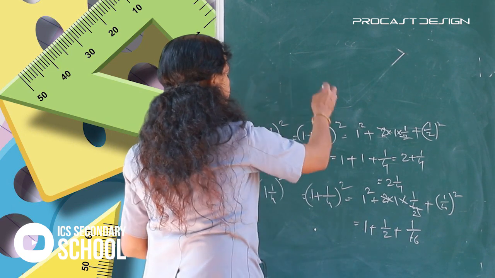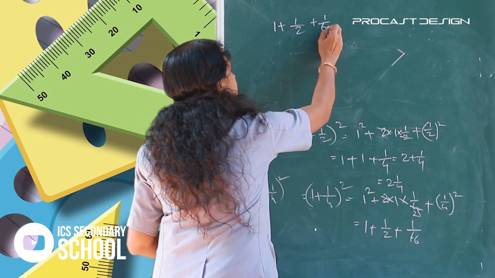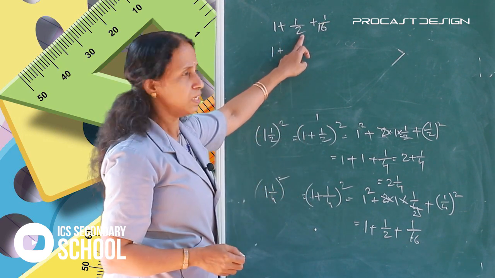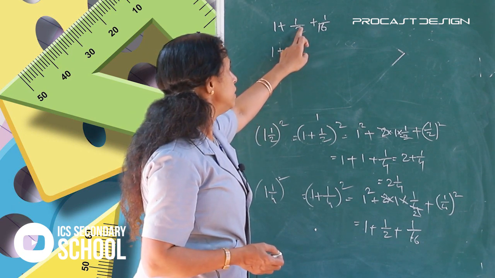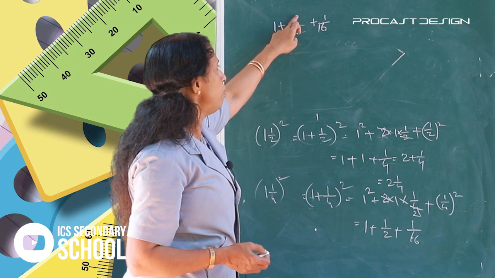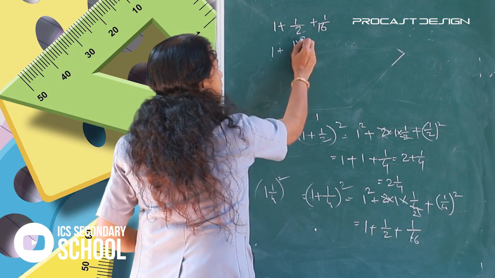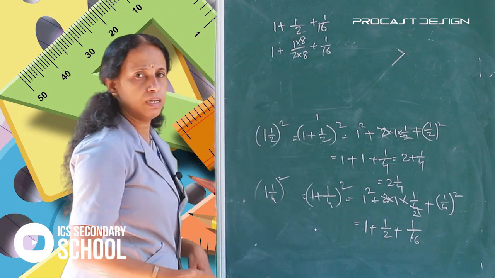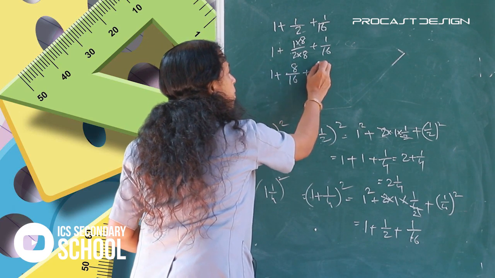Okay. 1 plus 1 by 2 plus 1 by 16 is equal to, right here 1, this is fraction, here the denominator is not same. This number, multiply numerator and denominator by 8, 1 into 8 by 2 into 8 plus 1 by 16 is equal to 1 plus 8 by 16 plus 1 by 16.